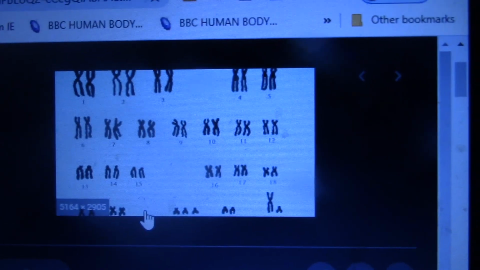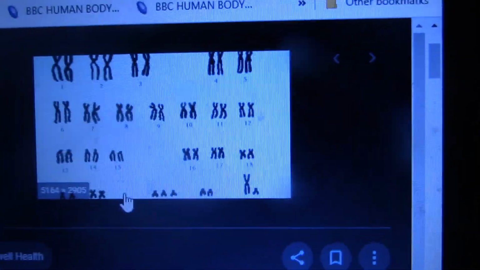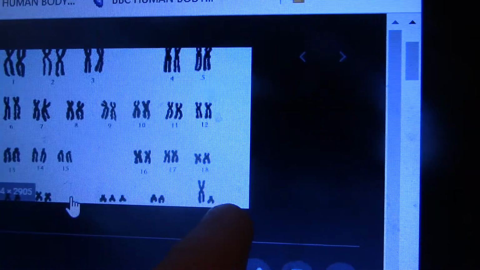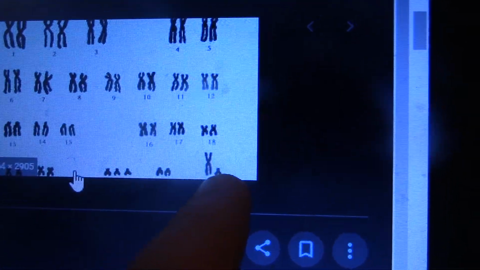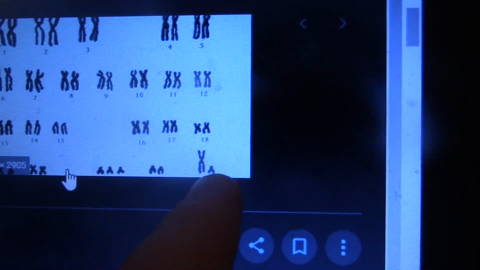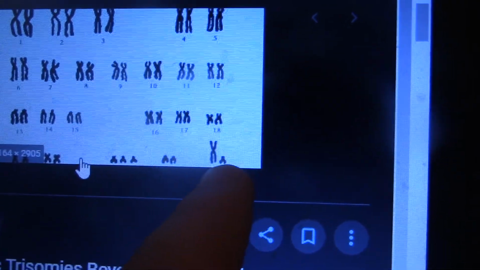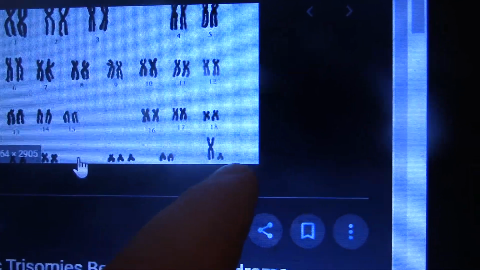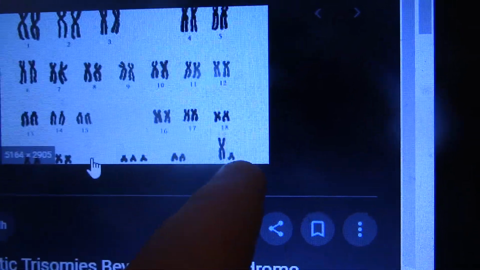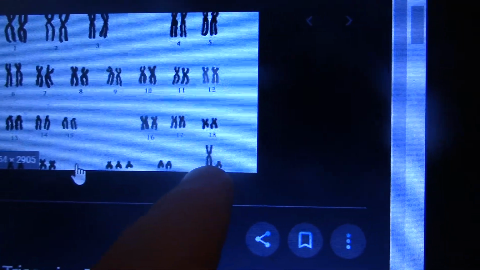You can see that this is a boy, because the X chromosome is much larger than the Y. So this is a Y chromosome. It's very, very small. So this determines whether or not testosterone is present. So this will turn the female erectile tissue into a penis, and that's an X chromosome.